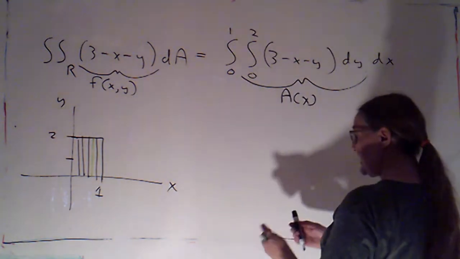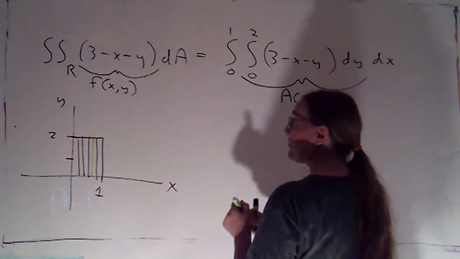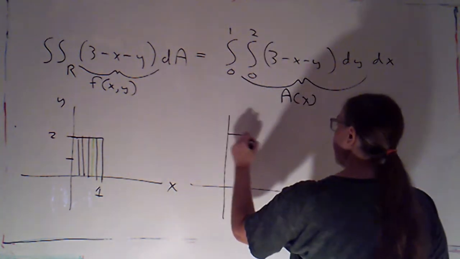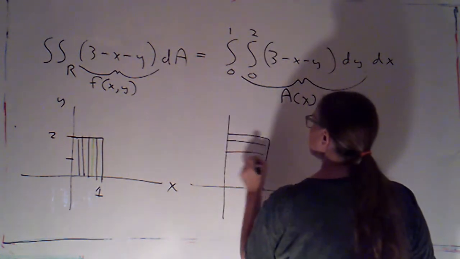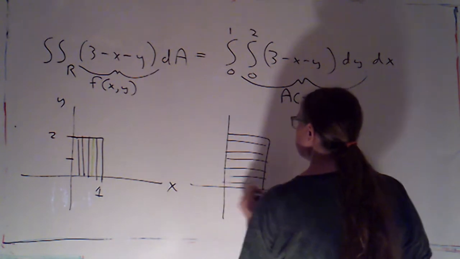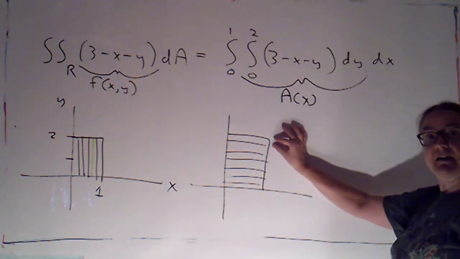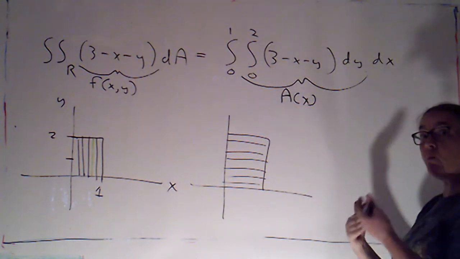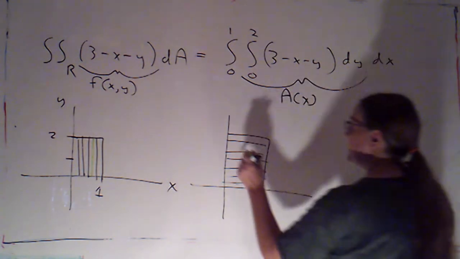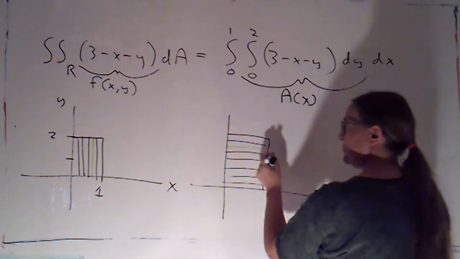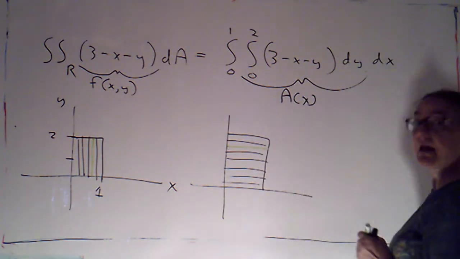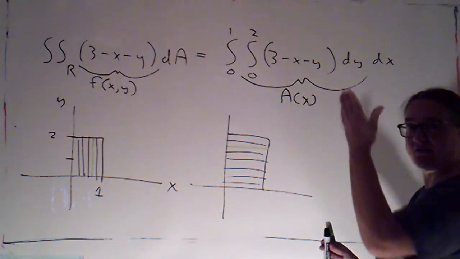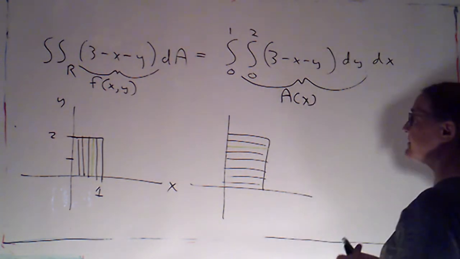Could I have sliced this the other way? Could I have instead chopped things up into horizontal slices so that the thickness of my slice is a small change in y? Then I would have been holding y constant and integrating with respect to x to get my cross-sectional area. Sure, there's nothing that says I have to chop things vertically or horizontally.